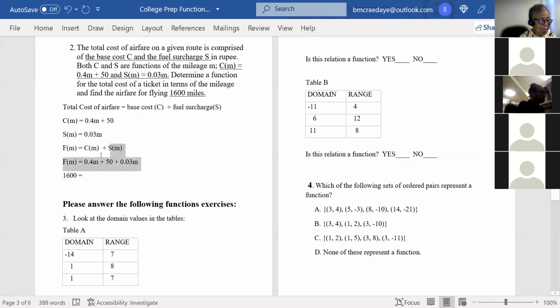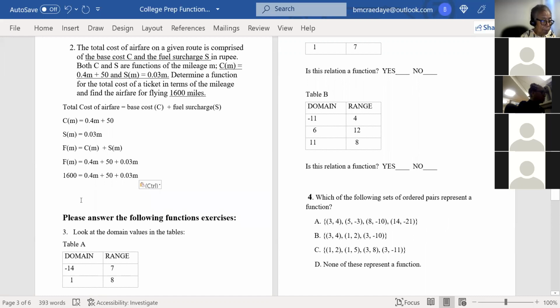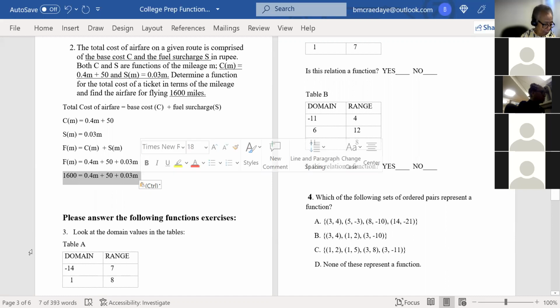Okay, so we have 1,600, and let's just put here, because we were given that they're flying 1,600 miles. Okay, so all of this is equal to 0.4 M plus 50 plus, and Audrey, you added that together, and what did you get? 0.43. Yes. Okay, so let's just copy that, because you combined the 0.4 M plus the 0.03 M. Okay.